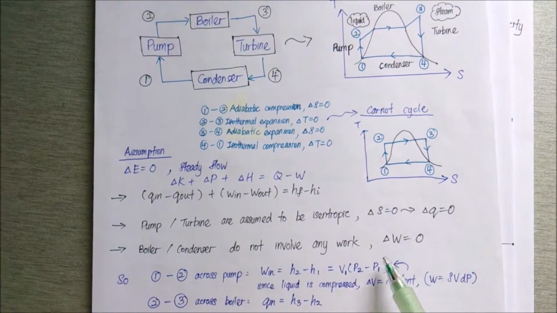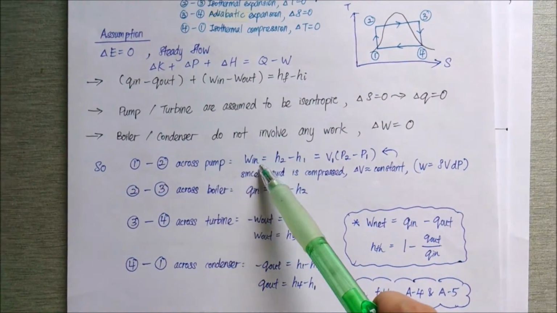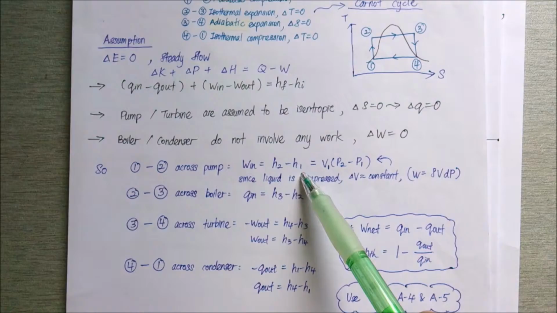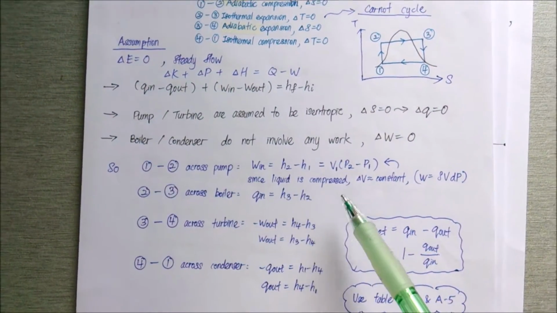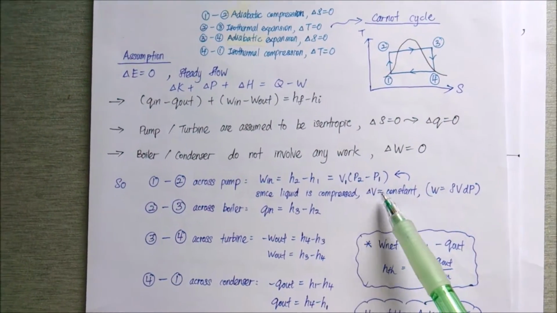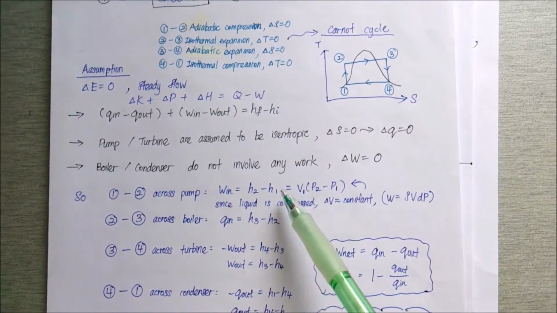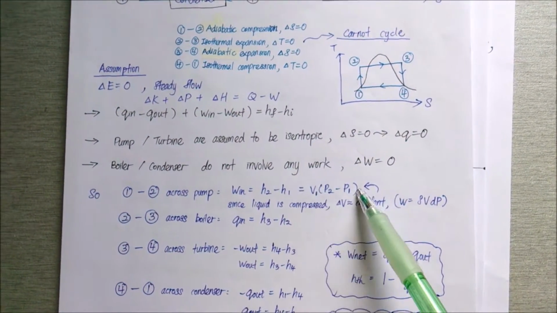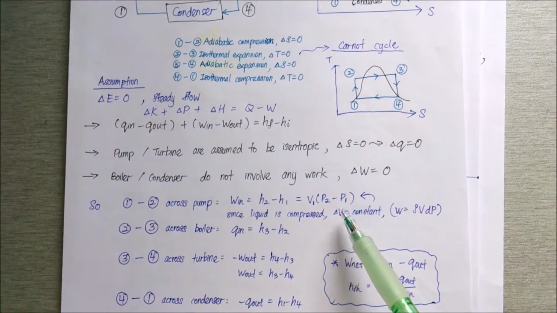With these two assumptions, process 1-2 across the pump has W equal to H2 minus H1, because the Q is eliminated. Since it is a liquid state, when the liquid is compressed, the change of the volume is constant, and we can say that H2 minus H1 equals V1 times P2 minus P1, because the work done is like this.